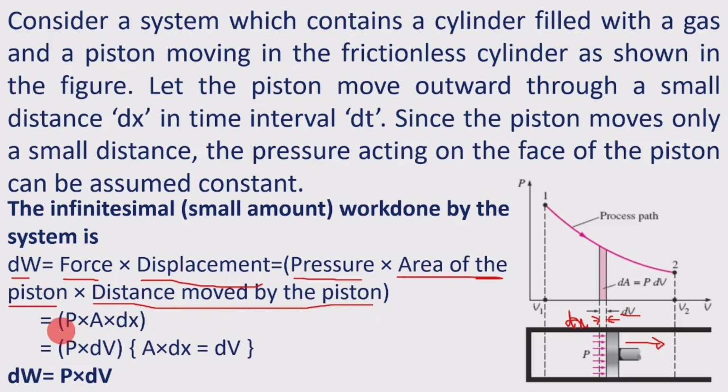This can be written as pressure P, area of the piston A, and dx, the small distance the piston moved. The area and this small distance give a volume, the small change in volume, which we take as dV. A into dx is equal to dV. Therefore, dW can be given as P into dV, the pressure multiplied with the volume change, and that is called the PdV work or displacement work.